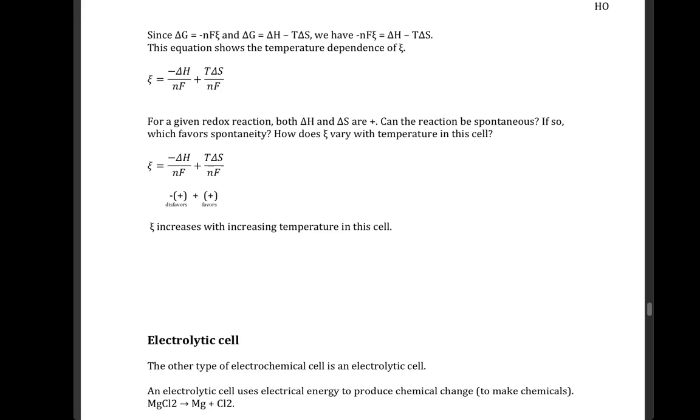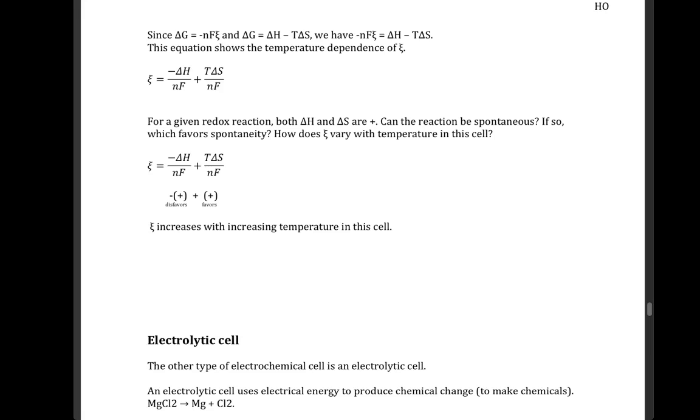This equation shows the temperature dependence of E. Solving for E, we have E is equal to minus delta H over nF plus T delta S over nF.